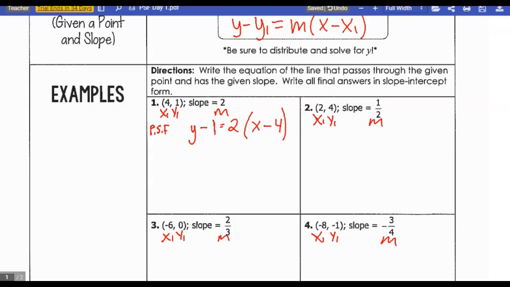For now, I'm done. That is point slope form. Let's do another one. Y minus my y1, which is 4, equals my slope, 1/2, times x minus my x1, which is 2. Again, that is point slope form.